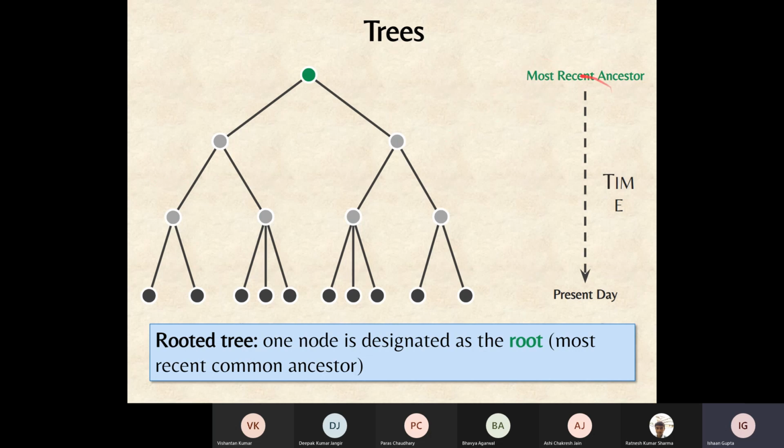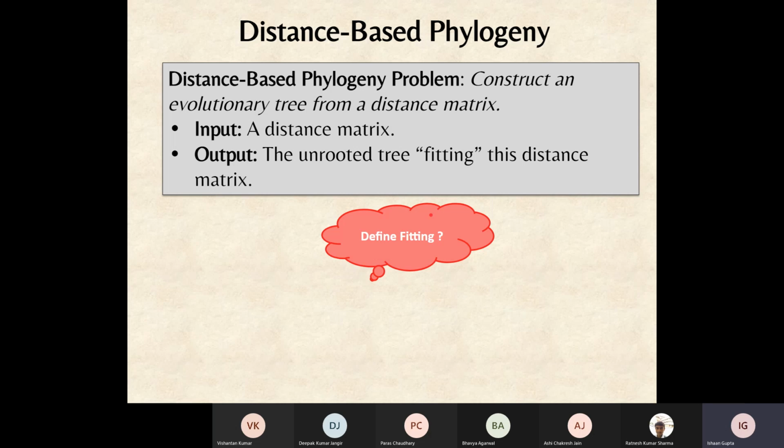So this is the oldest ancestor, and as time goes by, you travel down the tree. At the bottom of the tree where you have the leaves, these are all the species or the sequences of these species which are observed in the current day. So this is what's called a rooted tree. If you remove this node, or you flatten out this tree, then those trees are called unrooted trees.